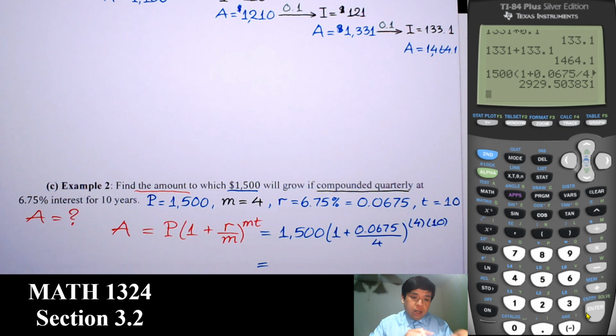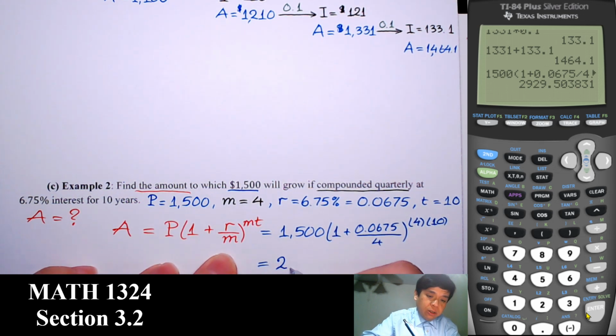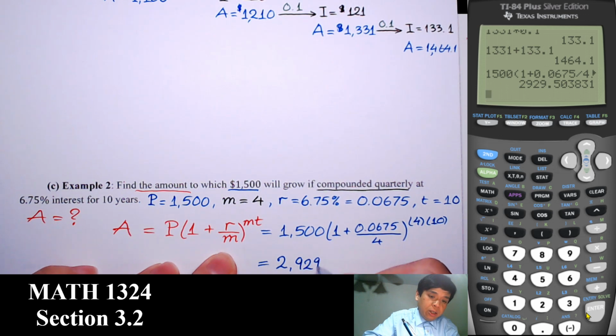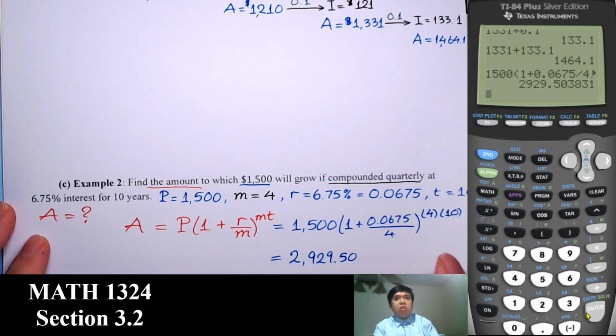So that gives 2,929.50. Right, it'll be just like that.